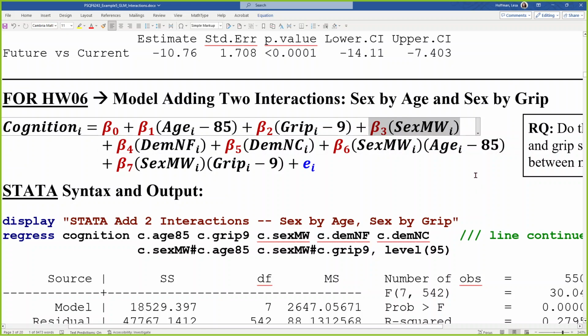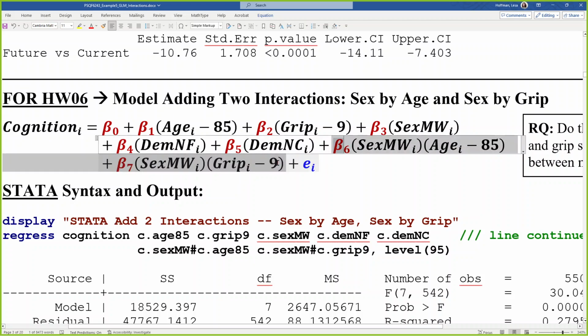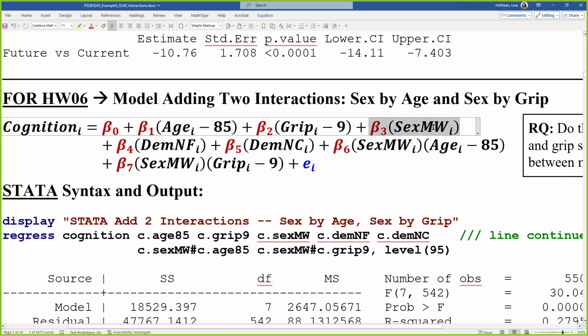So I need to know where 0 is. So this is going to be the gender effect for an 85-year-old and the gender effect for someone with a grip strength of 9, because that's when those two terms would drop out, and only this would be the gender effect. So the centering becomes really important in these models to know what stuff means.